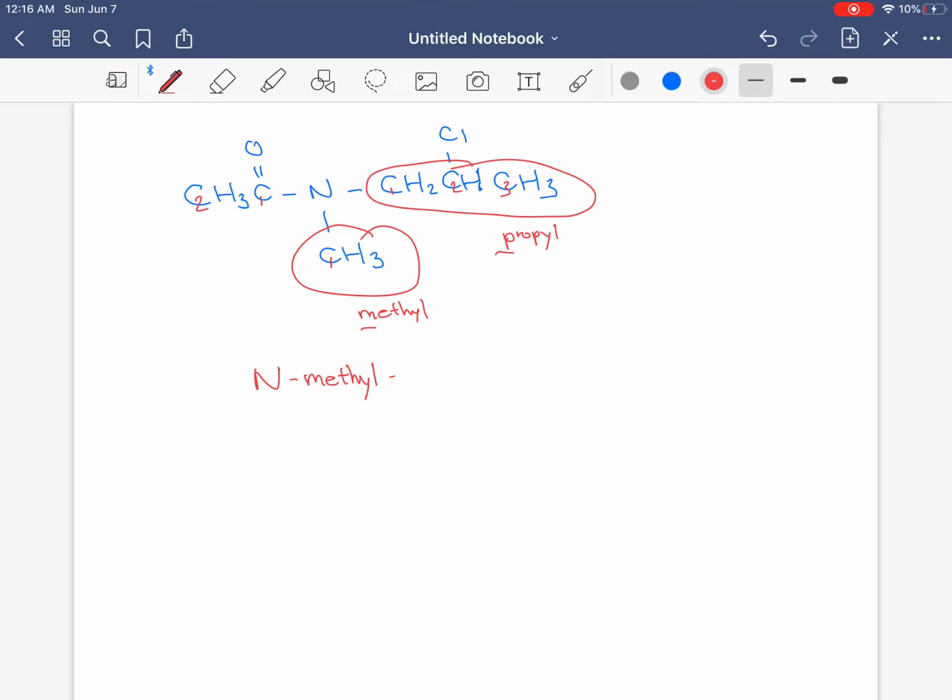Okay? And then the other N is going to be 2-chloropropyl. See what I mean? Space ethanamide.